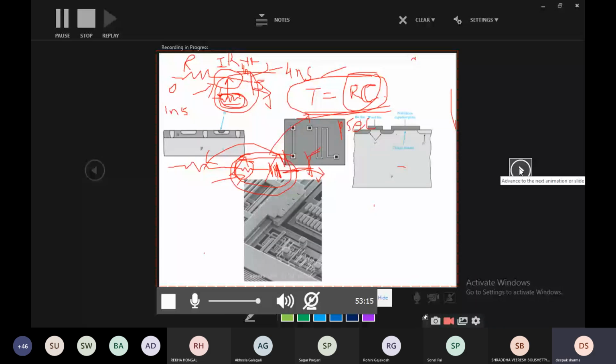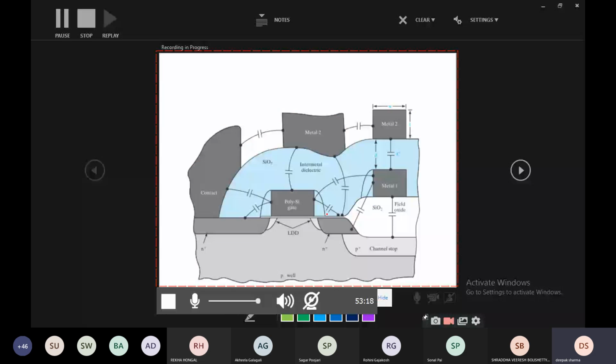Here you are able to see capacitance everywhere in the substrate. Between each and every connection, we have capacitance. Metal to metal connection, there is capacitance. Why? Because there is dielectric in between. Metal to contact, there is capacitance. Then contact to polysilicon gate, capacitance. Then metal to the polysilicon gate, again capacitance. Then metal to the drain or the source, we have capacitance.